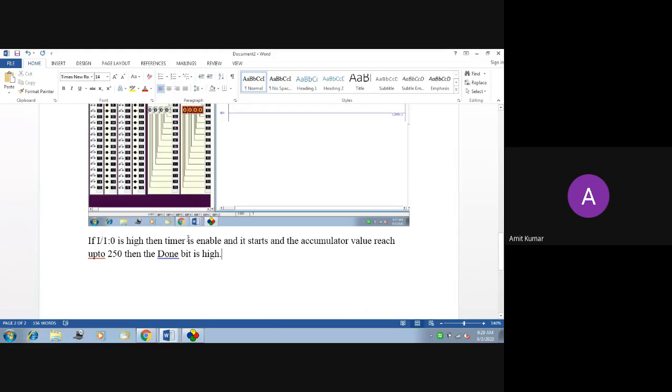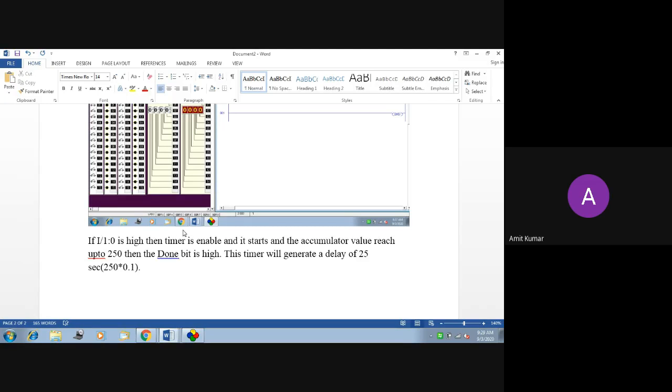Here, this timer will generate a delay of 25 seconds. How is it 25 seconds? 250 multiplied by 0.1.